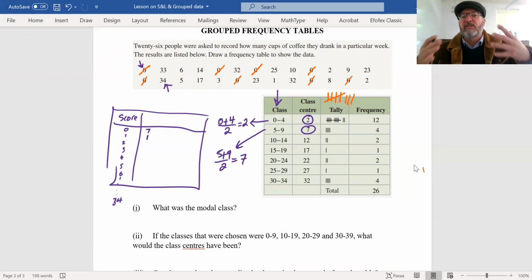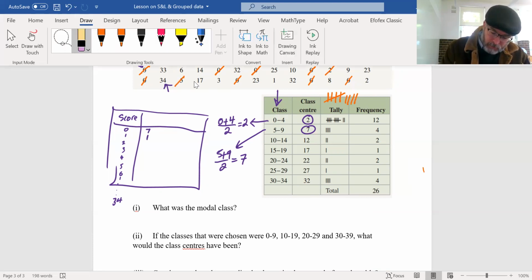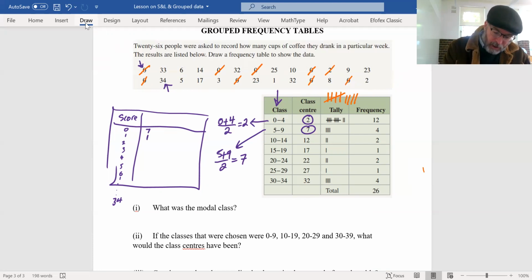Now, that's just the zeros, right? But that class was 0 to 4. So what I would have done as I was going along is tallied up also the 2. There's one there. And the 5. No, that's not between 0 and 4. Just joking you there.